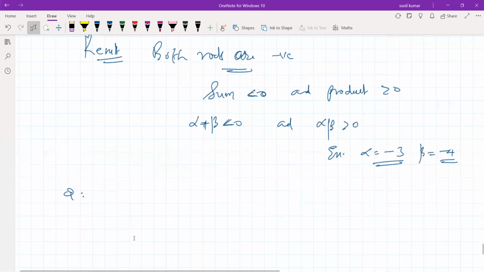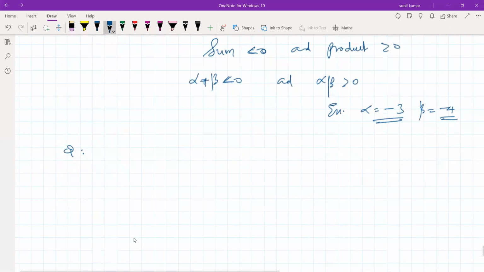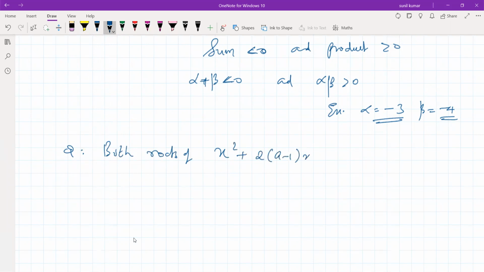Now let me give 2-3 questions. Both roots of x square plus 2 into a minus 1 x plus a plus 5 equal to 0 are positive. What is the range of a?